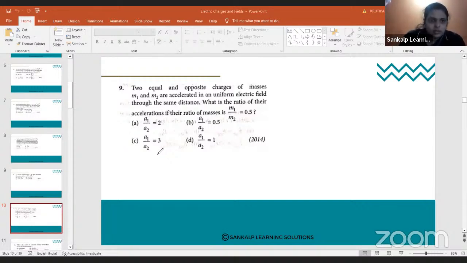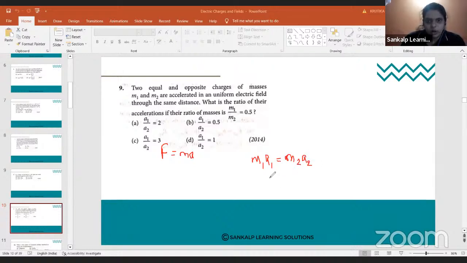So here the force is the same. Therefore, according to Newton's law, we know that F is equal to ma. Here I will write m1a1 is equal to m2a2.